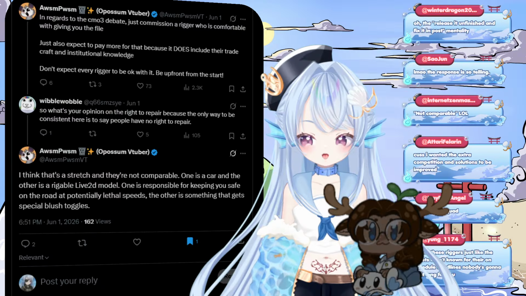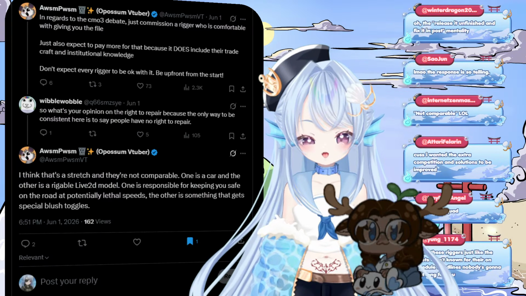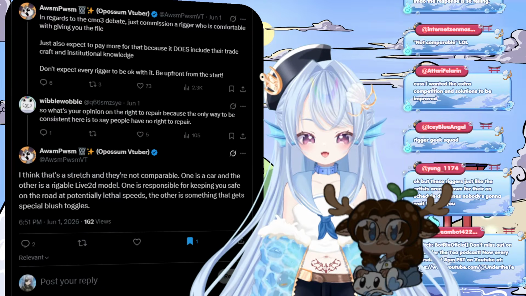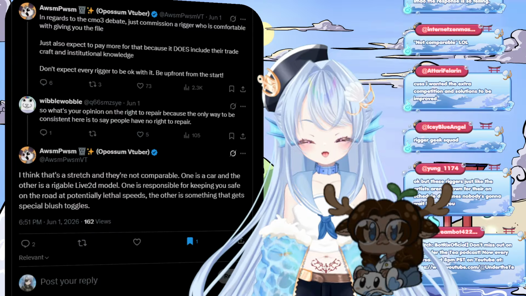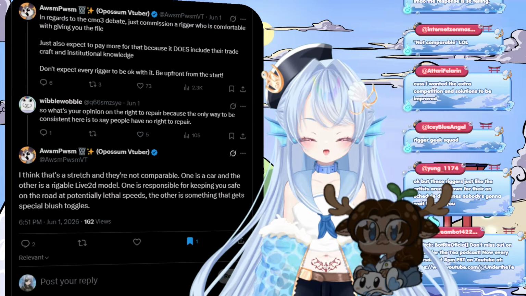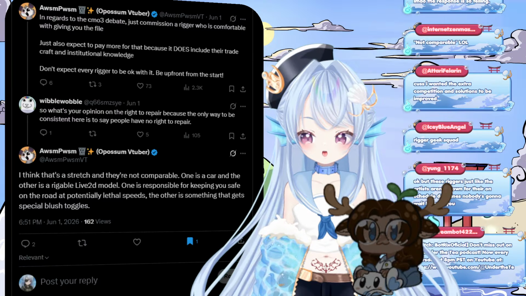For the exact reason you stated, a car is on the road at potentially lethal speeds with other people, so probably you shouldn't just let any Tom, Dick, and Harry start messing around with the engine. There's genuinely more of an argument for that than, oh, you shouldn't be able to mess with your physics. How dare you want that?